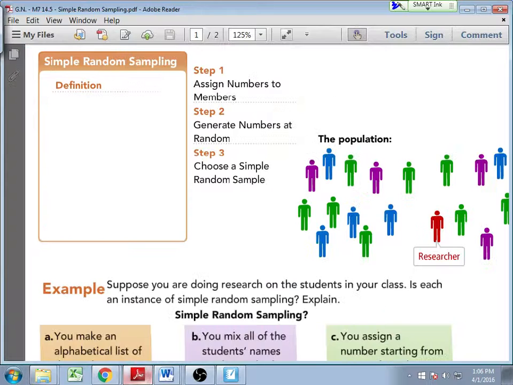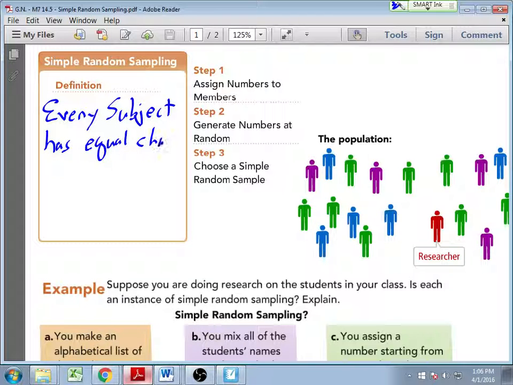So in your notes, your definition could be: every subject, because remember that's each person or every item, every subject has an equal chance to be picked. One way that we do this that can completely get rid of bias is the 3-step method right here.